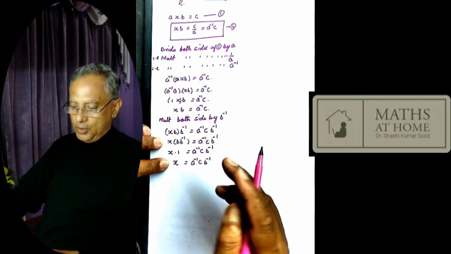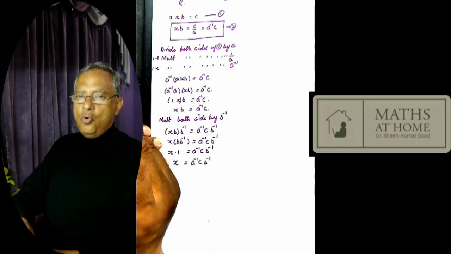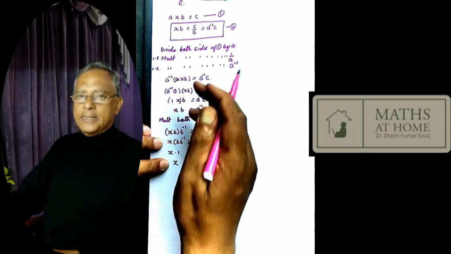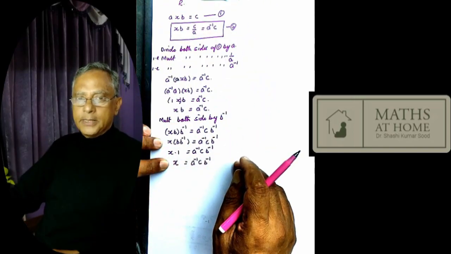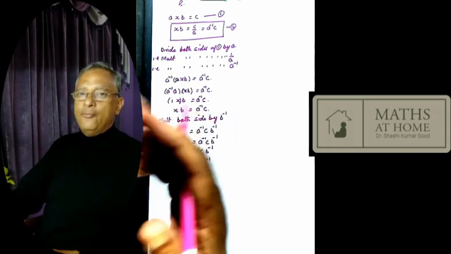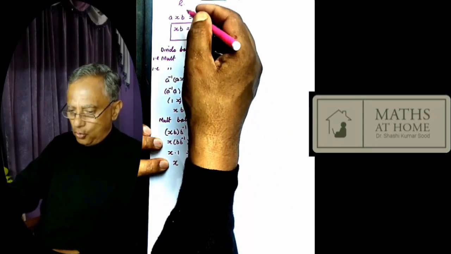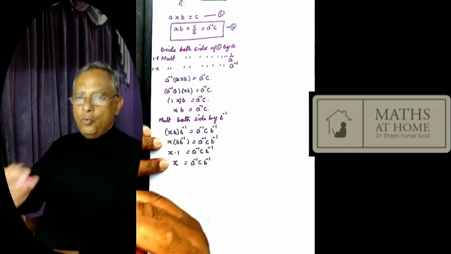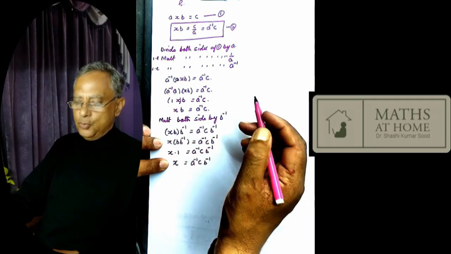And since in matrices some of these properties are true and some are not, we must understand which property is being used. We cannot directly write X is equal to this much.